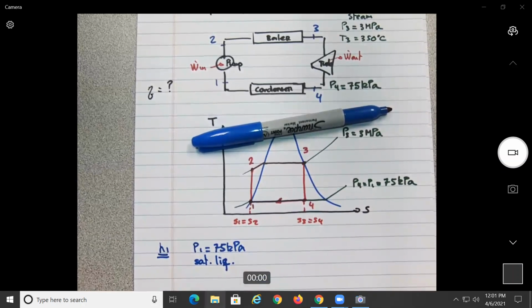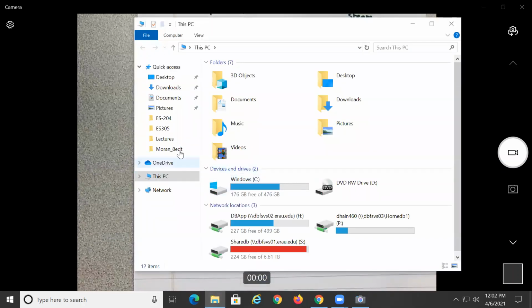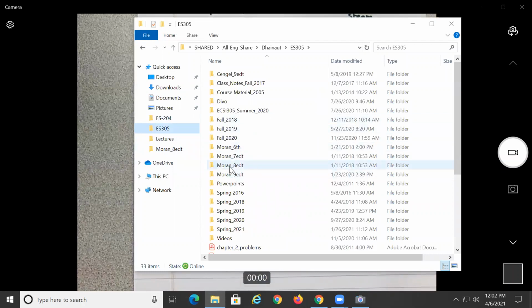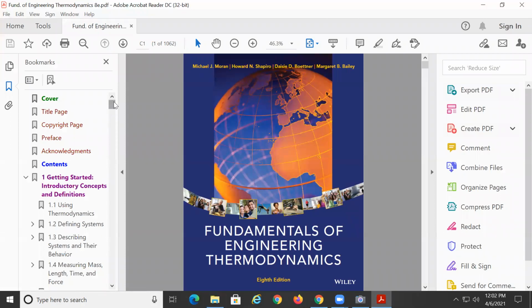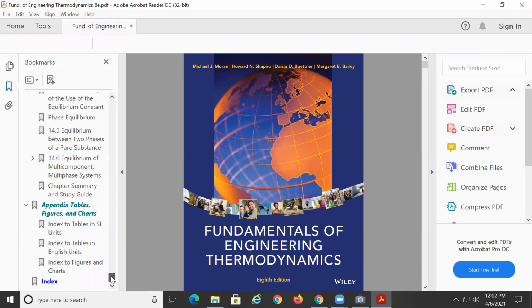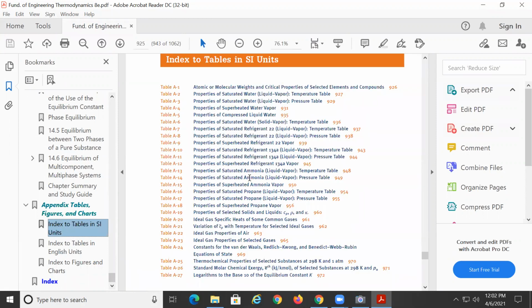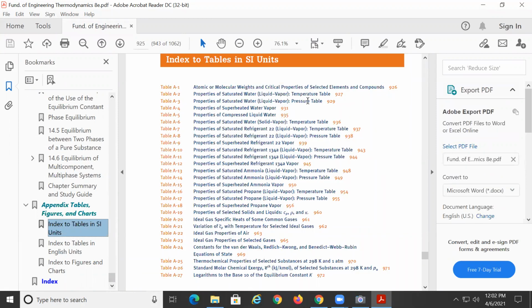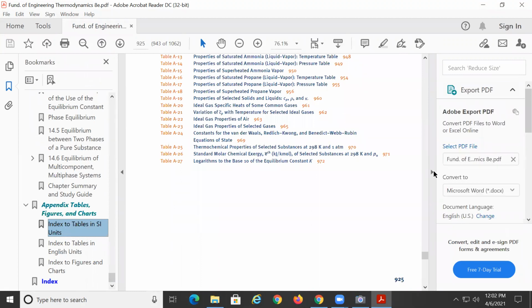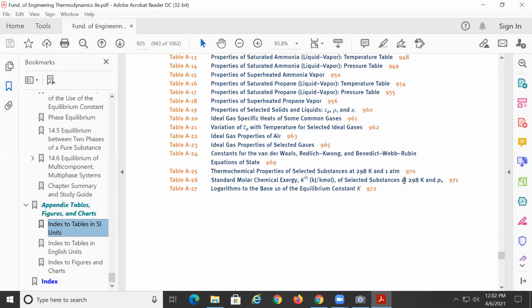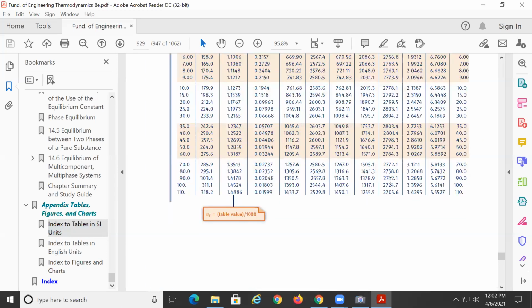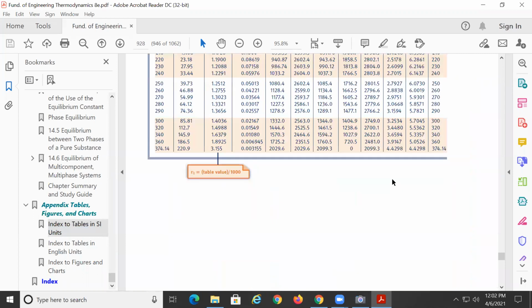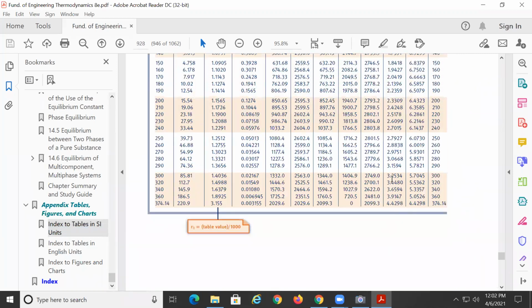So let's see if we go to the tables. Which one would that be? All right, so properties of water. I think we can go to the pressure table, table A3. Hopefully they will have the 75, and we don't have to interpolate. So table A2, table A3, we just passed it.